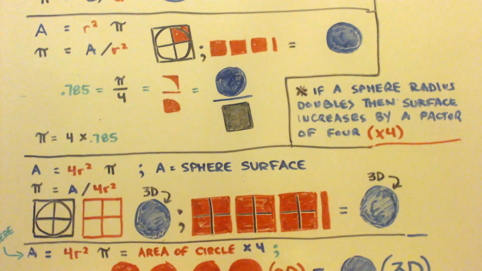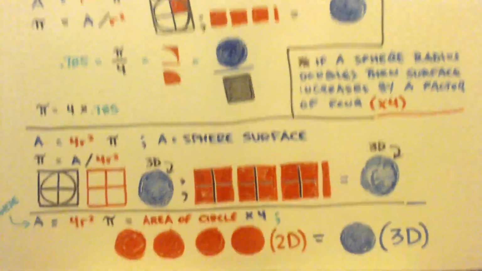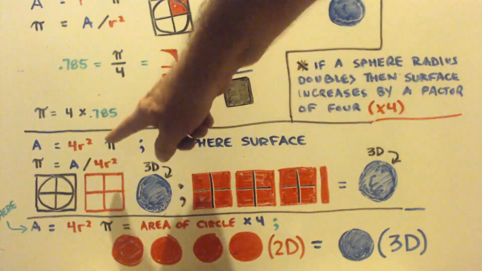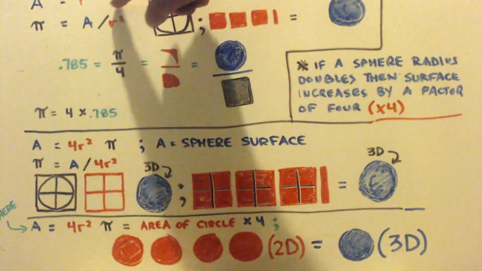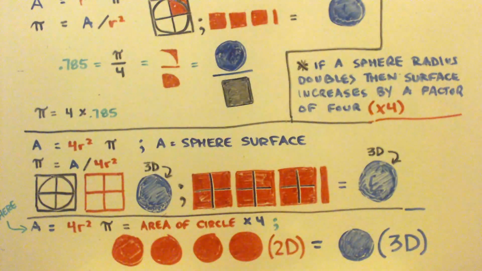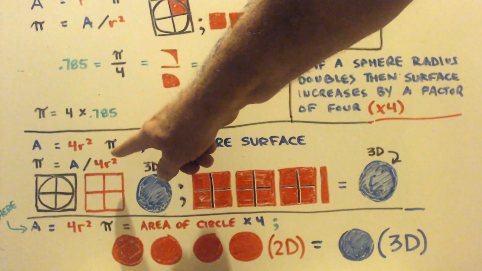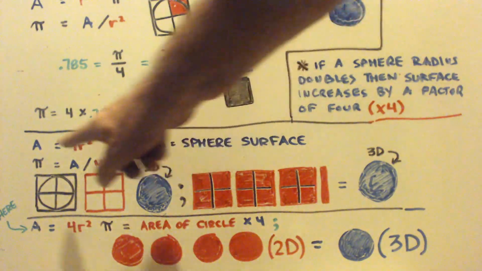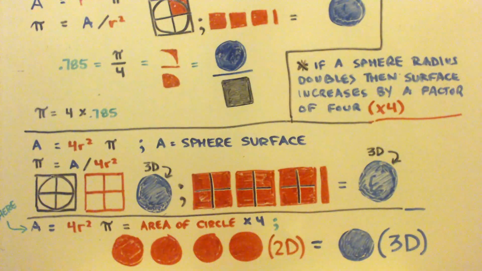Okay. Then look down at the last equation, right? Now remember up here we said r squared pi is the area of a 2-dimensional circle, right? So 4 r squared pi's would equal the surface area of a 3D sphere, right?